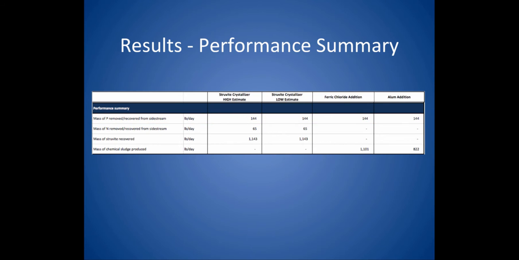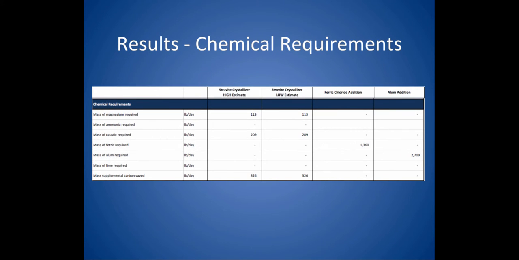Please note that some nitrogen is also removed in a struvite recovery process. The chemical requirements section of the results page includes calculated amounts of various chemicals that will be required for each alternative to meet the 85% removal performance goal.